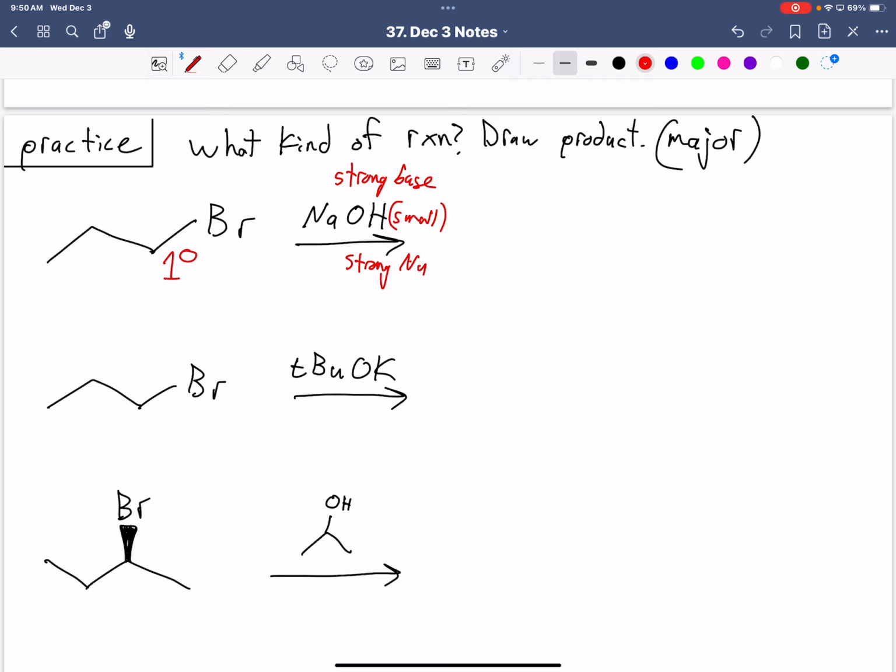This is the primary substrate. It's going to be SN2. All right, nice and unhindered, easy to come in with the nucleophile, displace that leaving group. It does do the inversion of the tetrahedral center, but not chiral, can't really tell.